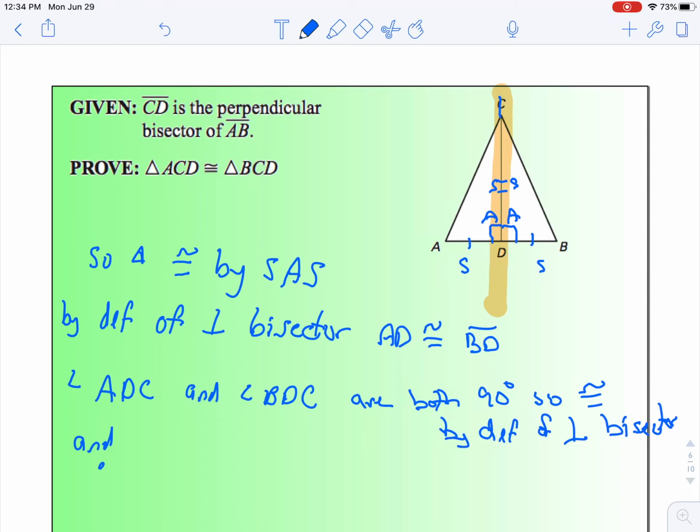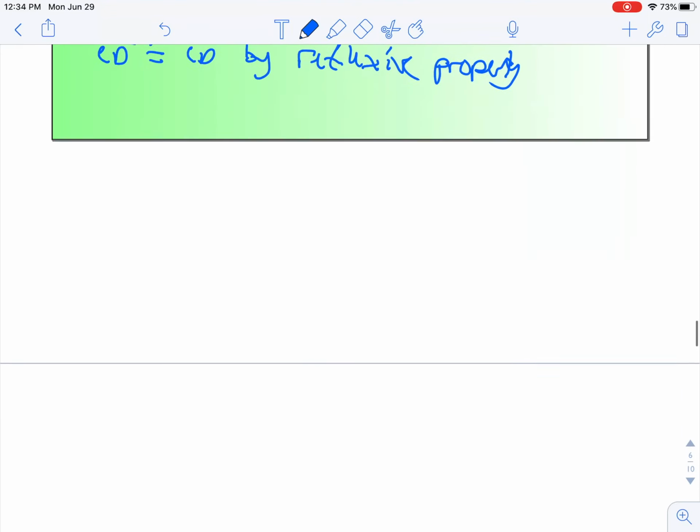And CD is congruent to CD by reflexive. So the triangles are congruent.